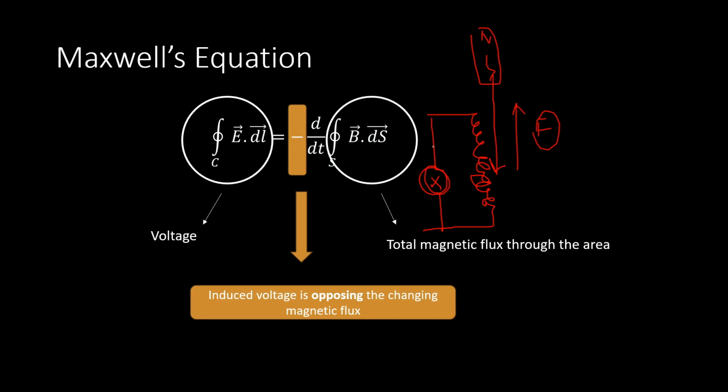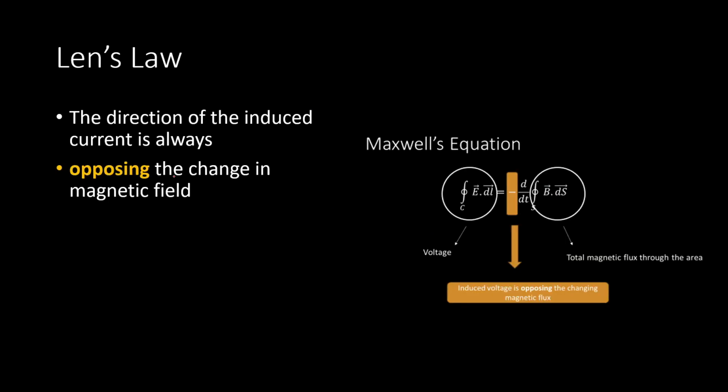In this case, the kinetic energy of the magnet is changed to electrical energy in the wires, driving the light bulb. So this minus sign is described by Lenz's law, named after a person called Lenz. He said the direction of the induced current is always opposing the change in the magnetic field. That's where this minus sign is coming from.